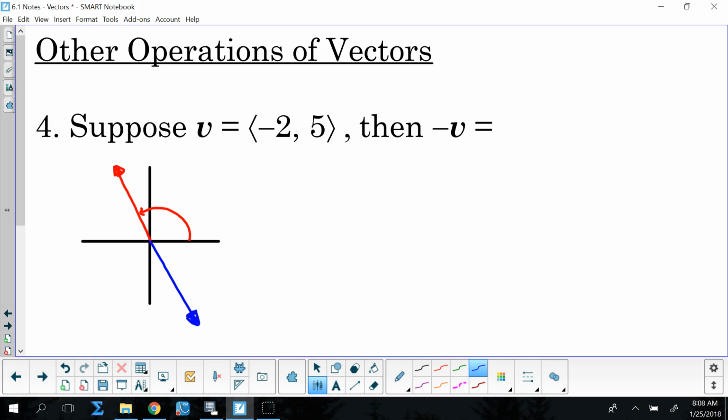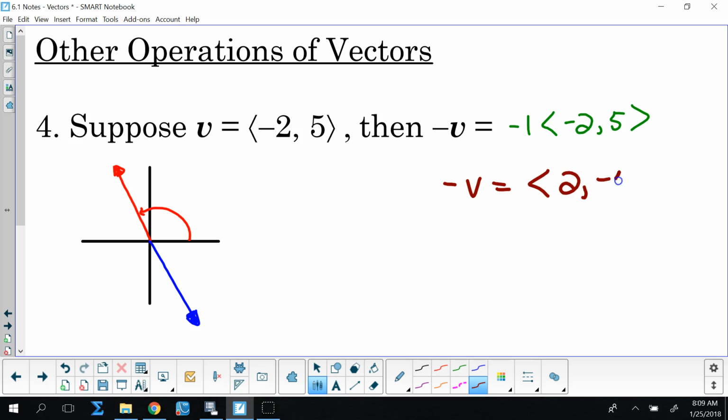Instead of going left 2 and up 5, we would go right 2 and down 5. It's kind of like if you took a negative 1 and distributed it into that vector, like scalar multiplication of the vector.